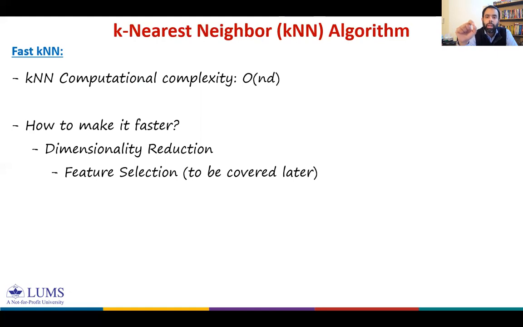If you have two features that are correlated to each other, you only need to keep one feature. You do not need to keep two features because one feature is effectively explaining the variations that are defined by the second feature. So yeah, we'll talk about this in great detail later in the course.